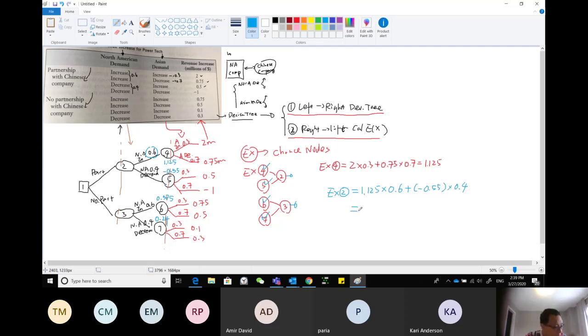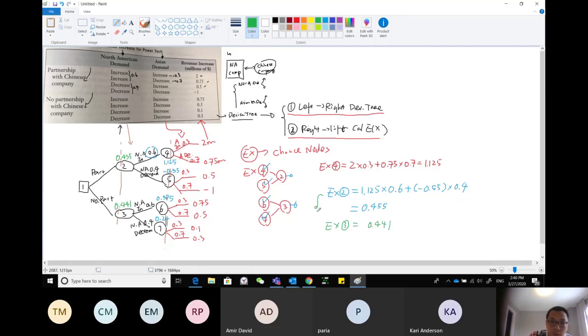So this will give us the value of 0.455. So we'll have the value here, 0.455. And then we do the same thing for node 3. So that will be 0.441. Okay. And now, expected value 3 equals 0.441.